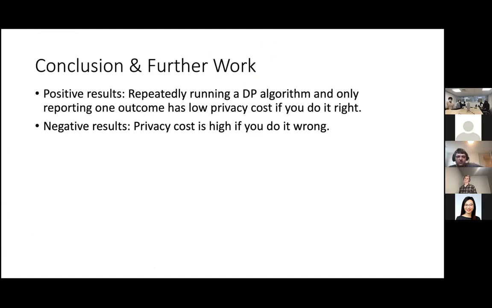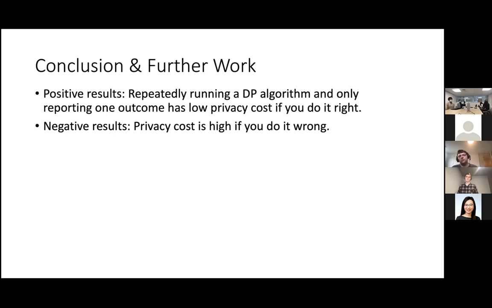So the positive results: I showed that repeatedly running an algorithm that is DP and only reporting the final outcome does have lower privacy costs if you do it right. So you have to be careful. You have to make sure each individual run is differentially private. You have to make sure that you randomize the runs. You don't have to do too much randomization to get good results though.